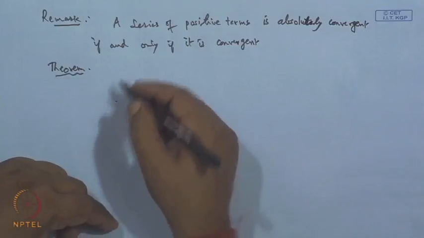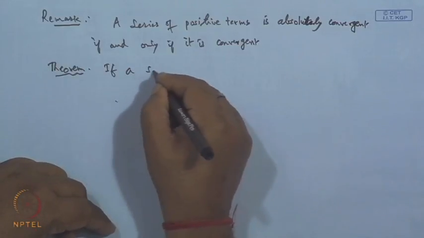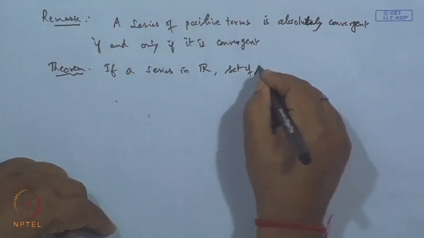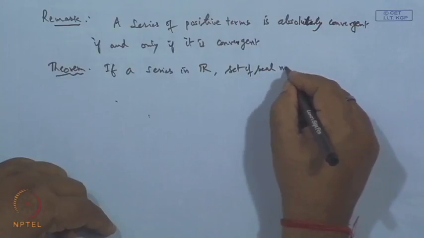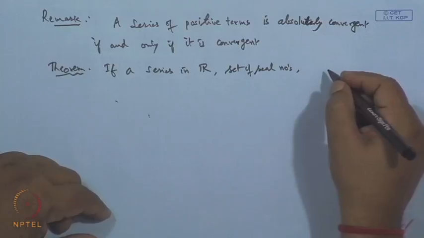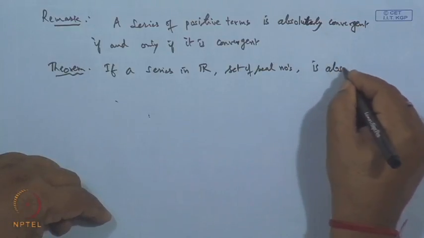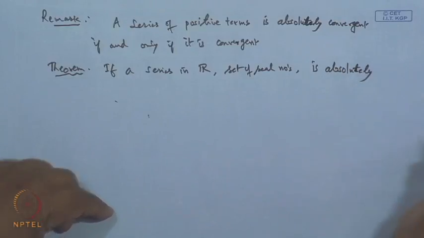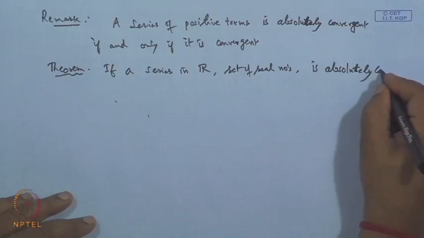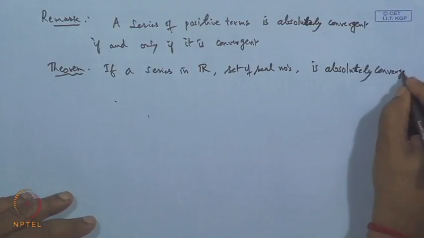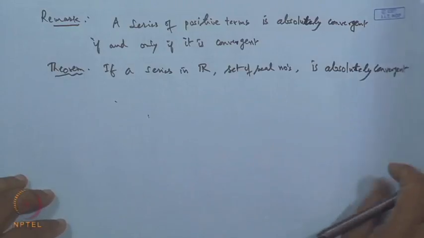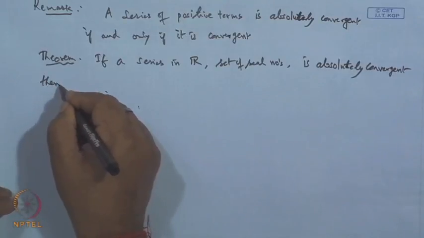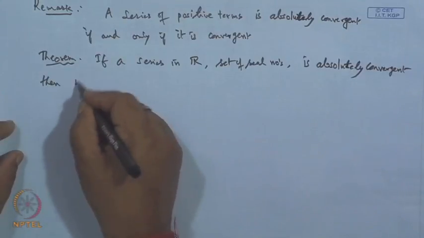The first result is: if a series in R, the set of real numbers, is absolutely convergent, then it is convergent.